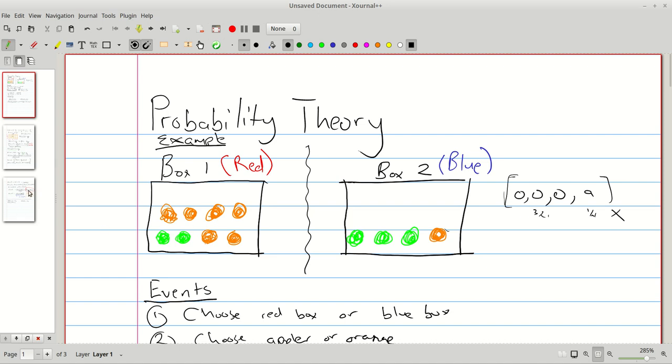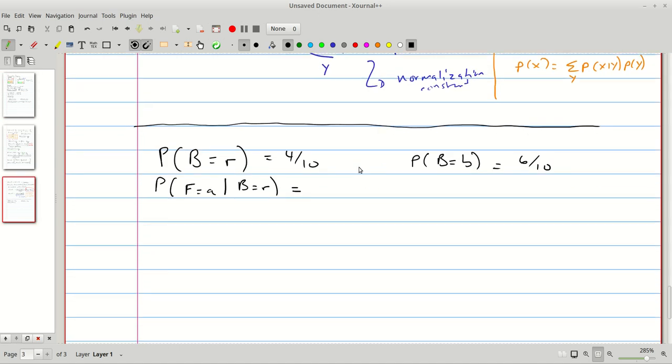Correspondingly, the probability that the fruit is an orange given that the box is red should be 3 over 4. You don't even have to look, because if the box is red, you either choose an orange or an apple. Those two events are mutually exclusive, so they should sum up to 1. That's why you have this 3 over 4.